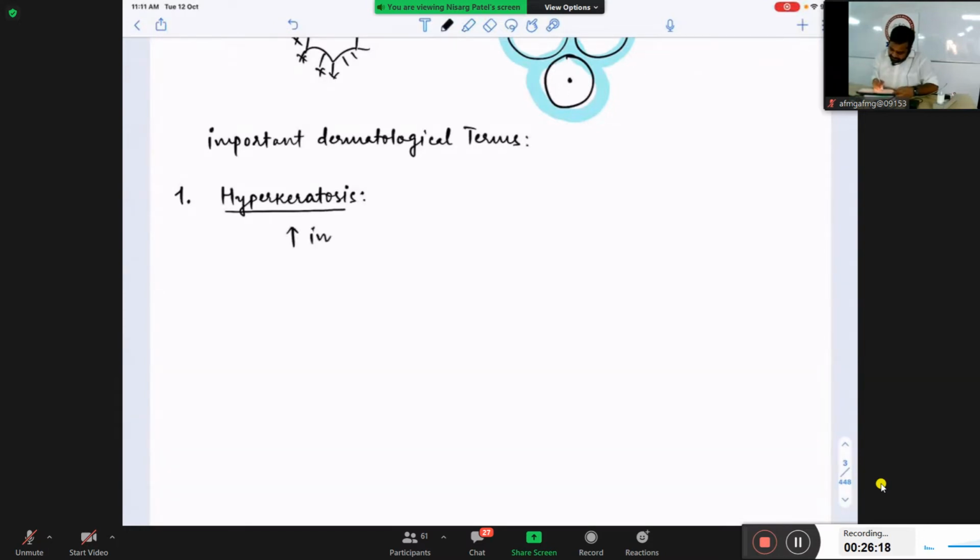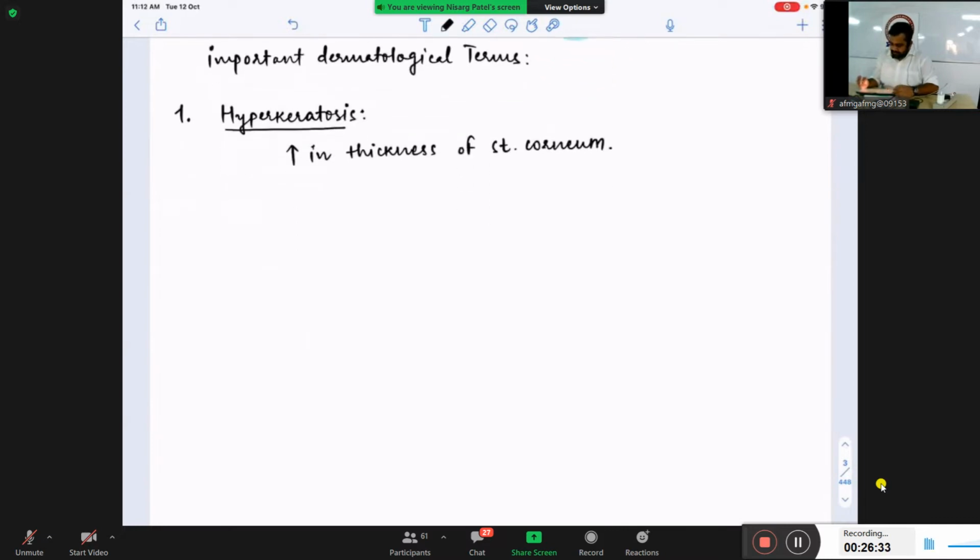Increase in the thickness of the first layer, which is the stratum corneum. Increase in the thickness of the stratum corneum. And as I told, this abnormality can be physiological.